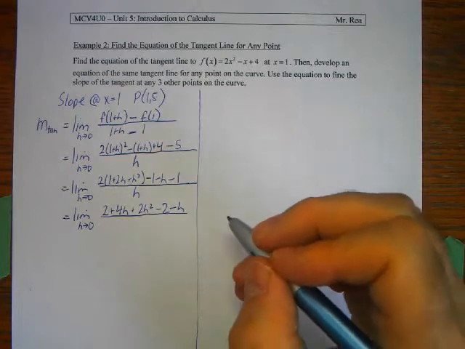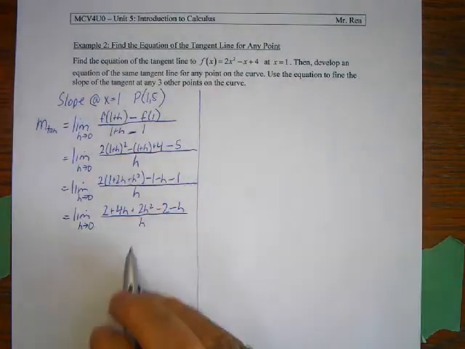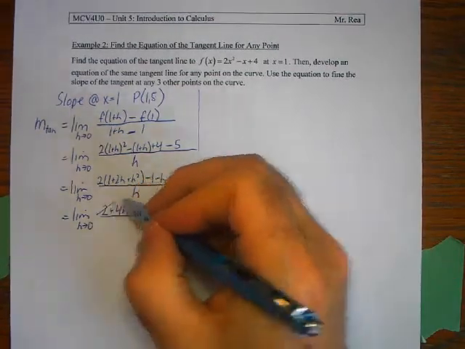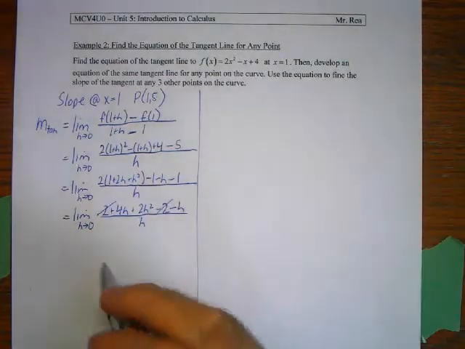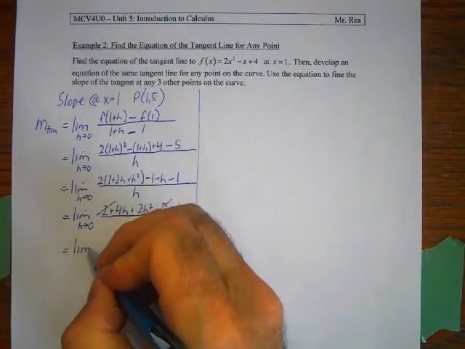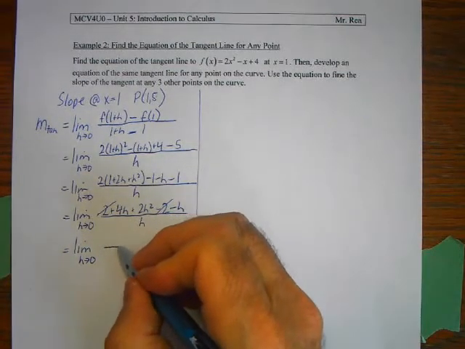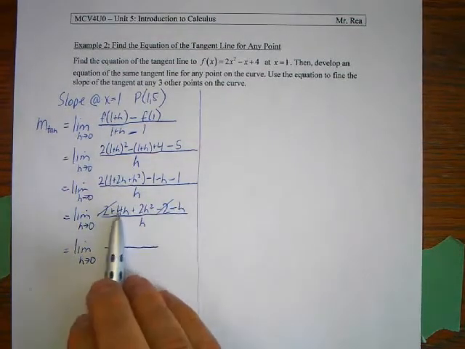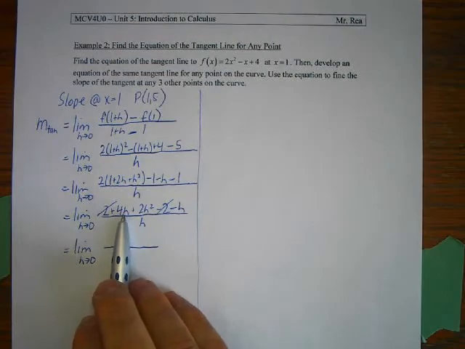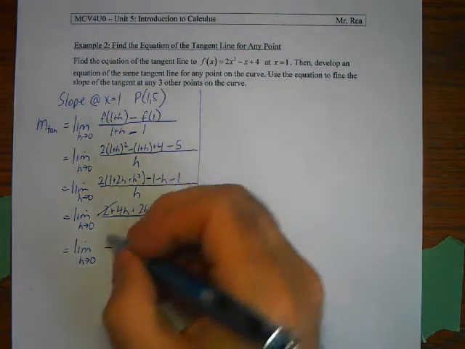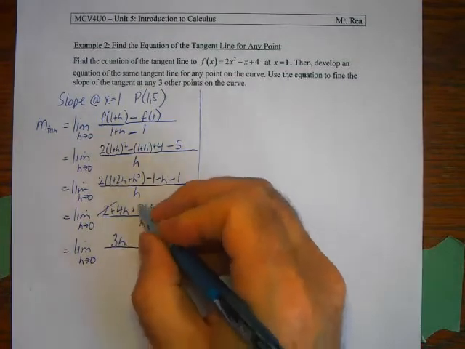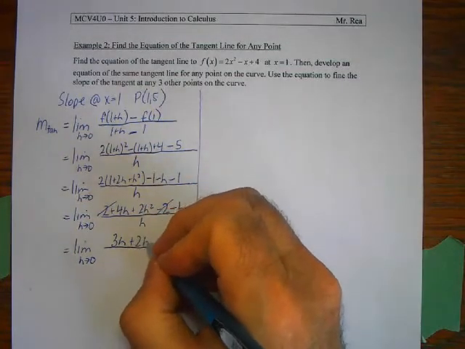And you can see I've got a 2 and a minus 2 here, so they're going to cancel. So you can see we're getting something more simplified at this stage. What I have left here is a 4h minus h, so that's 3h, and I have a plus 2h squared, all over h.